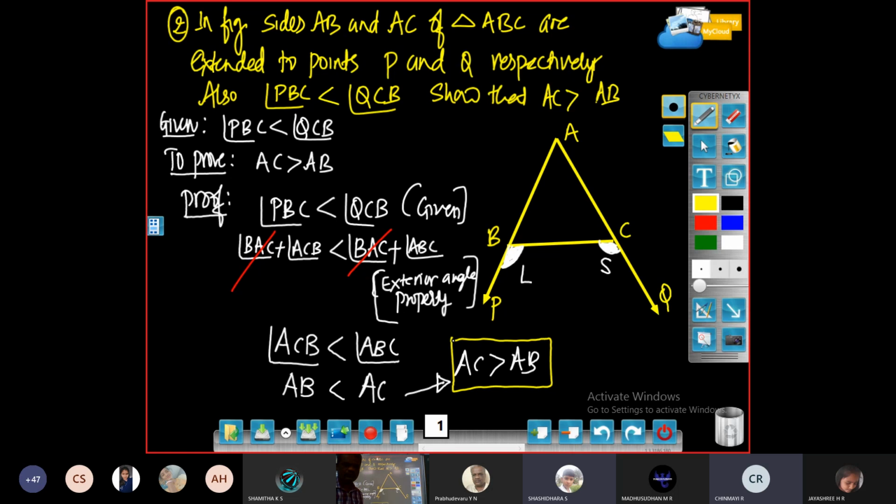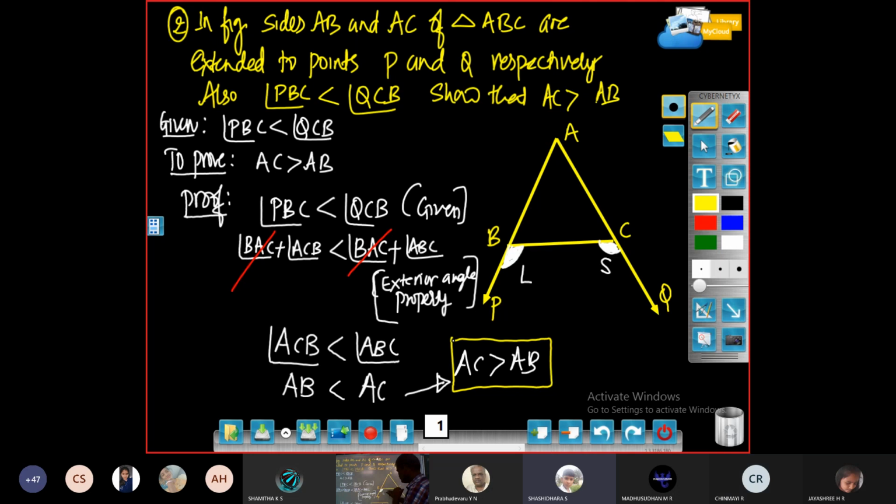Sir, in the diagram you have written that angle QCB is smaller, no, sir. It is greater, sir, like that they gave the solution. I have written QCB is greater, isn't it? No, sir, you have written angle QCB is smaller in the diagram. Correct.